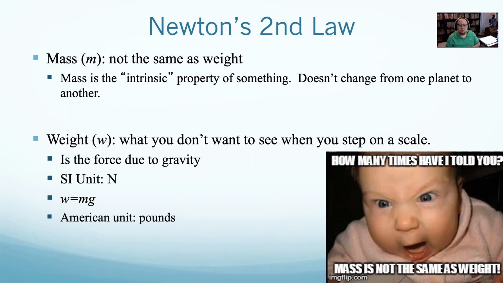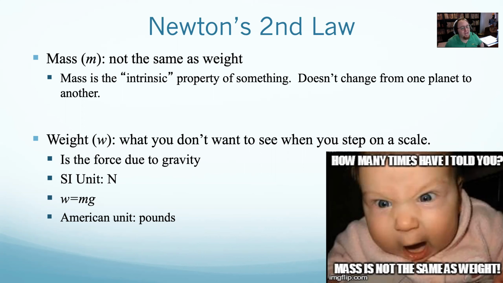So, when you step on a scale, what you get is not your mass, it is your weight, usually represented by a lowercase w or capital W. And weight is the force due to gravity. My weight on Earth is not the same as my weight on the moon. And if I'm floating in space, my weight is 0. My mass on Earth is the same as my mass floating in space, but my weight is not.